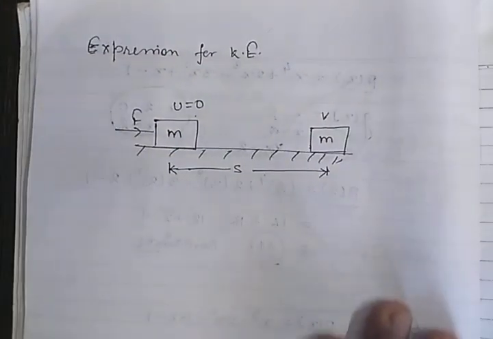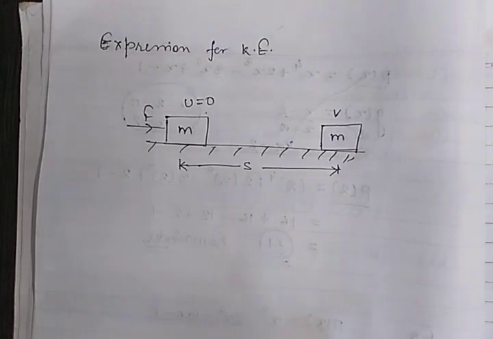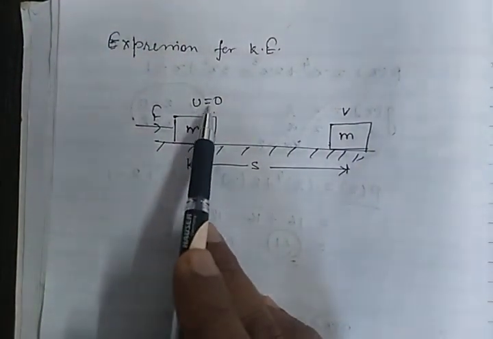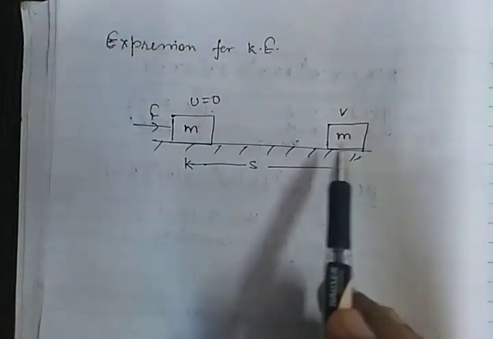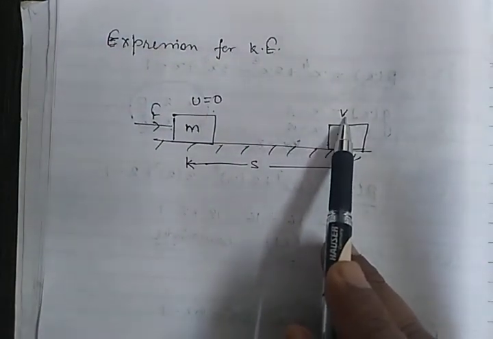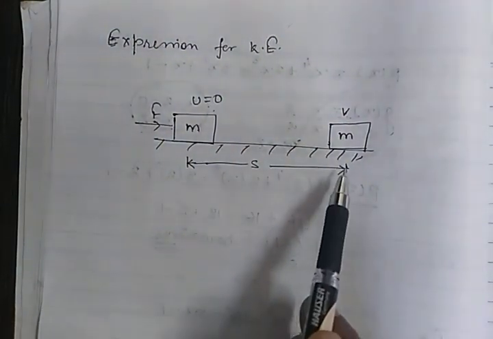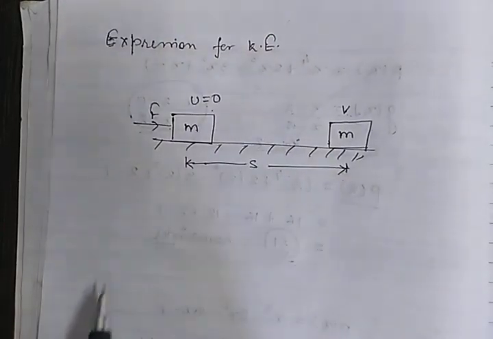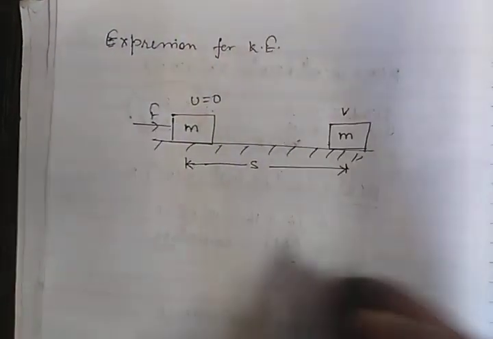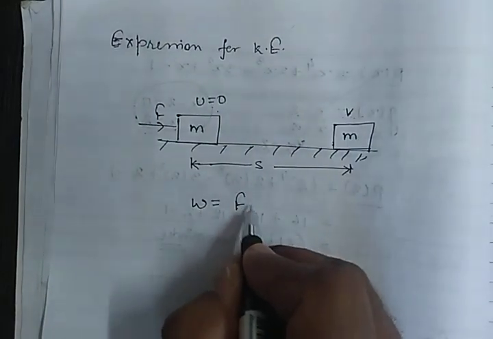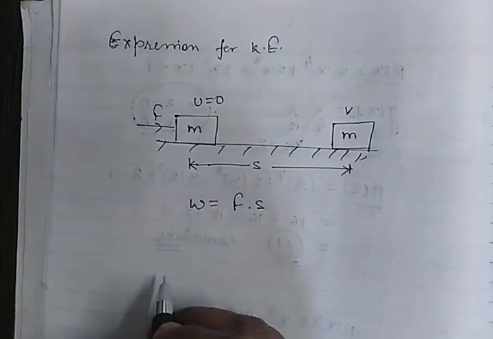If we have a football on the ground at rest and you apply a force by kicking it, that football must acquire a velocity. That's what I'm saying: the block initially at rest, if you apply a force, acquires a certain velocity, and if it acquires a velocity, it means it must cover some distance also. So by the definition of work done, work done is equal to force into displacement.